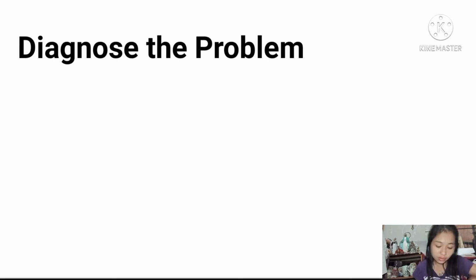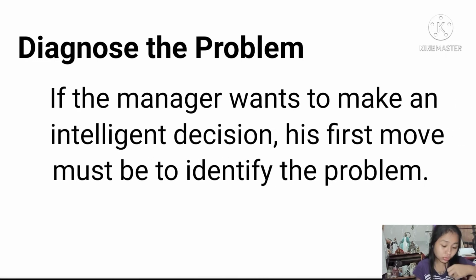The given example is, if the manager wants to make an intelligent decision, his first move must be to identify the problem.